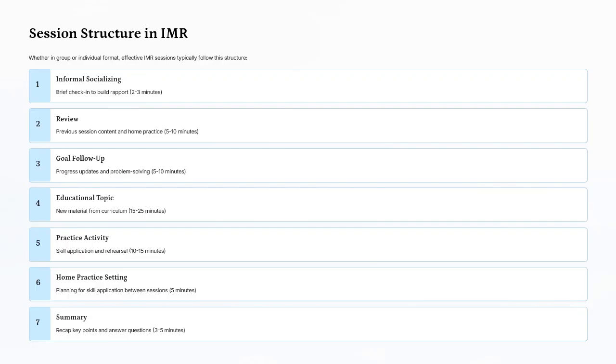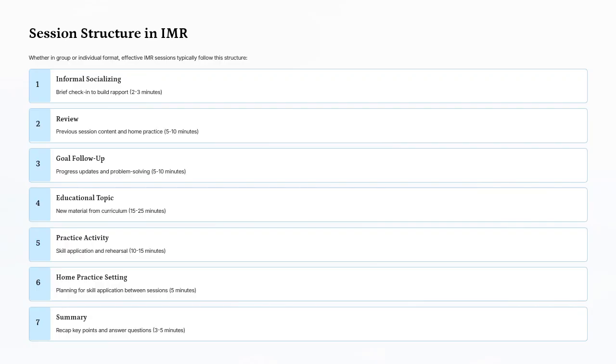Follow up on goals. Progress on the individual's personal recovery goals is reviewed. Obstacles are identified and problem solved, and new goals or next steps are planned. Set the agenda for the current session. The practitioner and individual collaboratively set a clear agenda for the rest of the session. Teach new material and practice skills. This is the main part of the session, where new material from the IMR curriculum is taught using motivational, educational, and cognitive behavioral strategies.